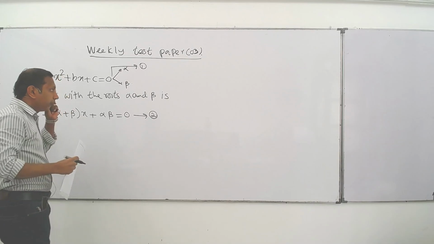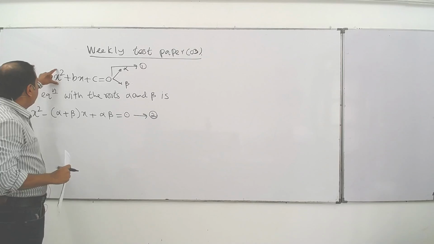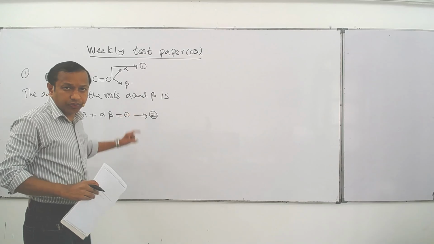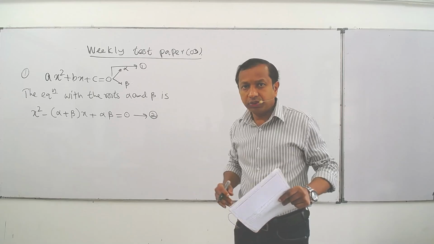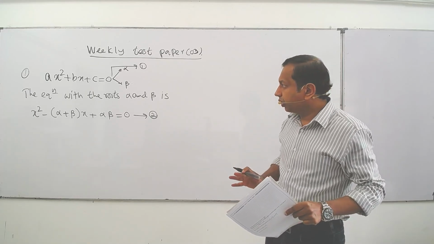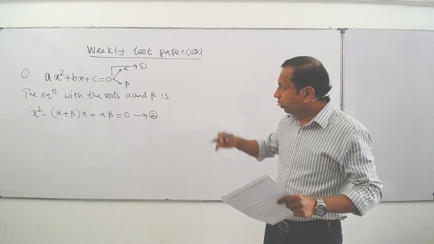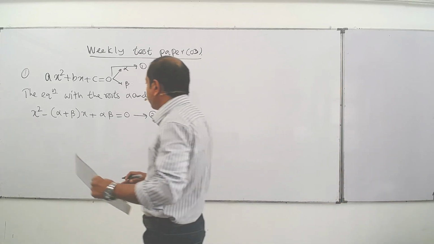Equation number 1 has the roots alpha beta. Equation number 2 also has roots alpha beta. Then for equations 1 and 2, the same roots are available. When two quadratic equations have the same roots, there's a particular property. What is the property?